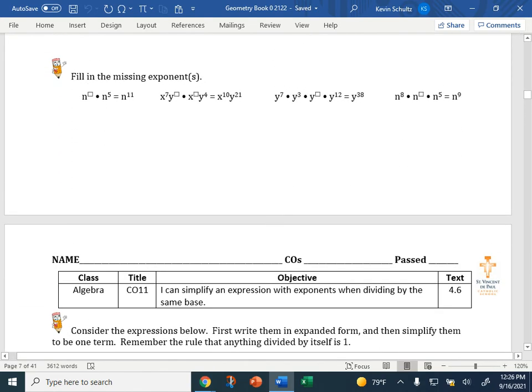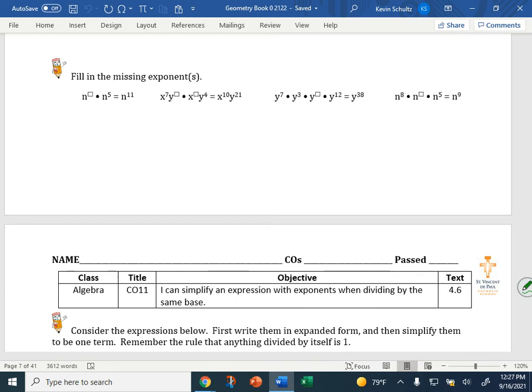The bottom section here says fill in the missing exponent or exponents. So here you're almost solving an equation, once you know the rule for a power. n to the what times n to the 5th is going to equal n to the 11th. If you know the rule, how do I get that 11? I get that 11 by adding the powers.